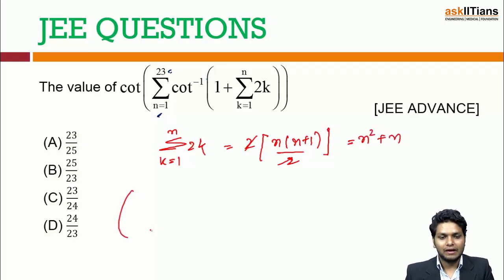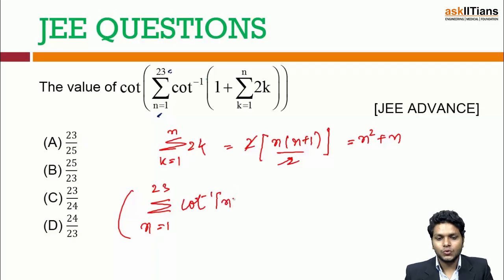So what do I have now? Summation n equals 1 to 23 of cot inverse of n square plus n plus 1. See, normally we do these kinds of questions in terms of tan.